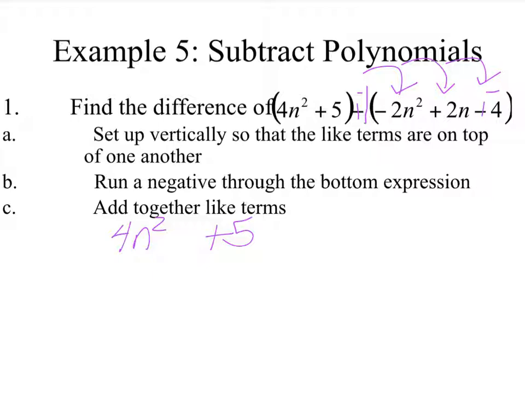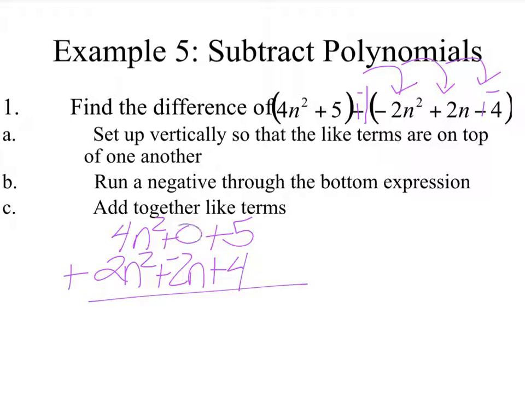Instead of negative 2n squared, that is now going to become positive 2n squared. I'm going to have negative 2n in the middle, and I'm going to have positive 4 at the end. Place a 0 in the middle if you need to. So I'm going to end up with 6n squared plus negative 2n plus 9.